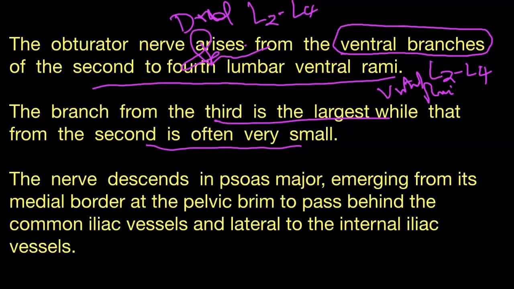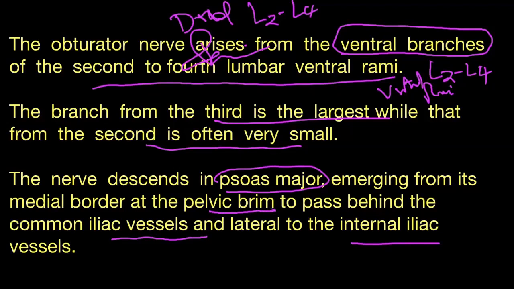The nerve descends in psoas major, emerging from its medial border at the pelvic brim to pass behind the common iliac vessels and lateral to the internal iliac vessels. So observe that the nerve emerges from the medial border of psoas major at the pelvic brim.